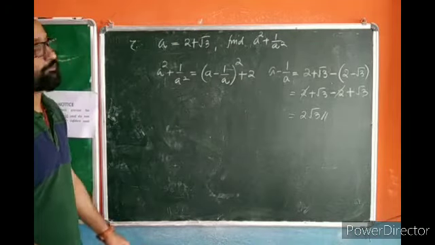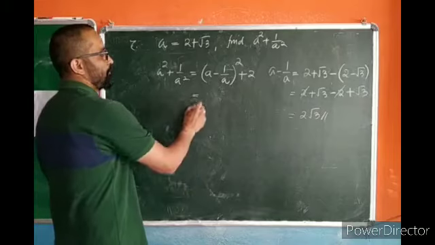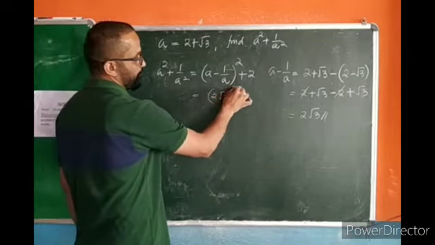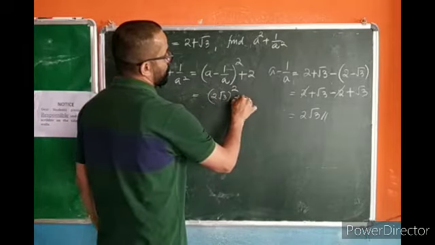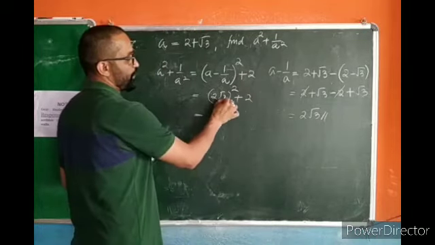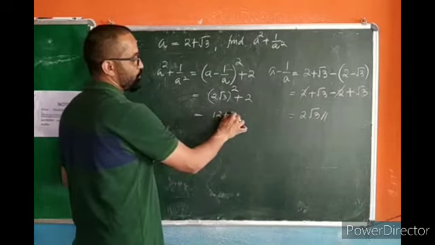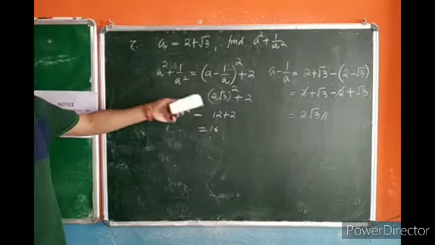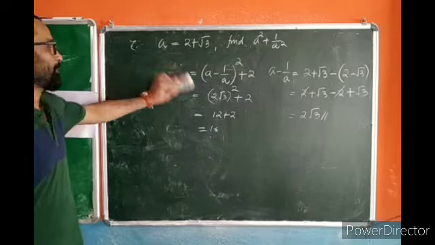Use the algebraic formula and substitute. This value we know: 2 root 3 whole square plus 2. So it is 4 into 3 is 12. 12 plus 2 equals 14. If you are asked to calculate squares, you can proceed this way.